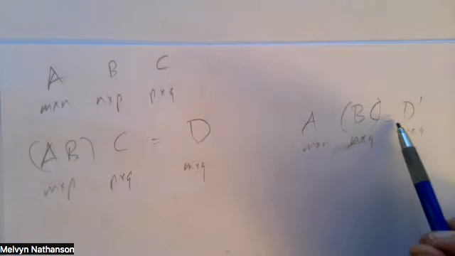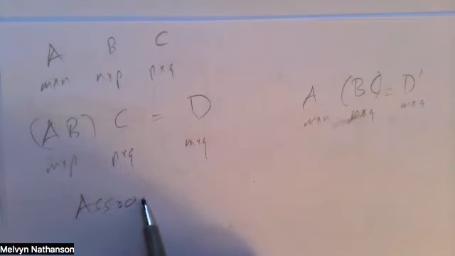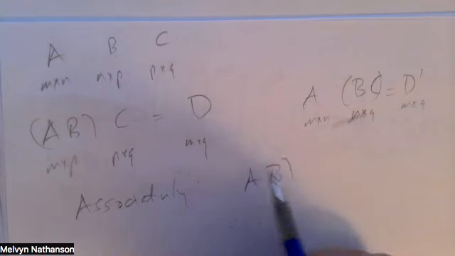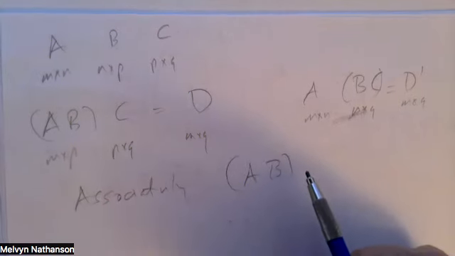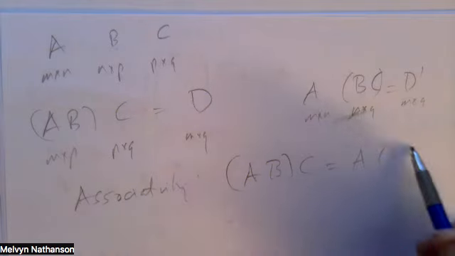And these are always equal. That is, you have associativity of matrix multiplication. So long as the dimensions match and you can do all the matrix multiplications, AB times C is the same as A times BC.